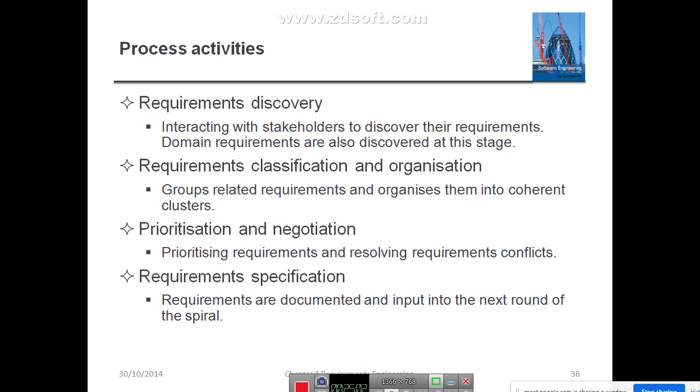You are combining the related requirements into one group, and you are organizing them into coherent clusters. A cluster is nothing but grouping. Whatever grouping you have done, you are going to organize again in some manner.